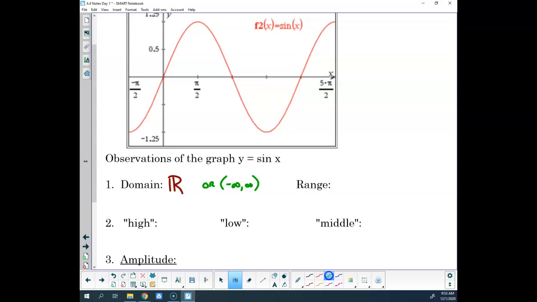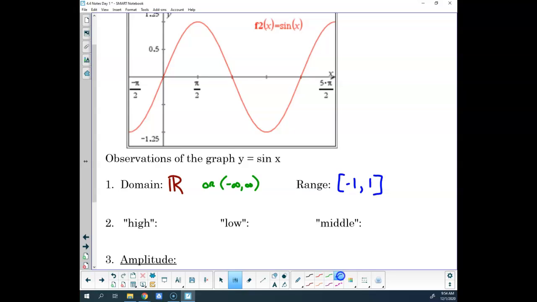So what's the smallest y value that we see? -1, right down here at the bottom, right? So my range would go from -1 to my biggest value. What's the biggest value of sine? +1, right? So sine is always between -1 and +1. We learned that when we were developing the unit circle.